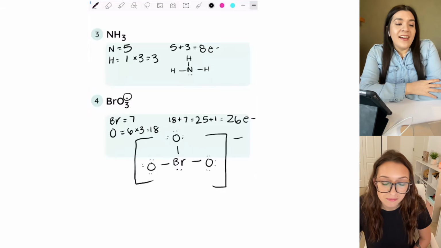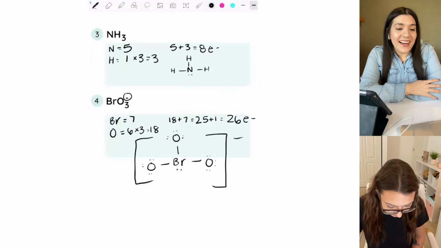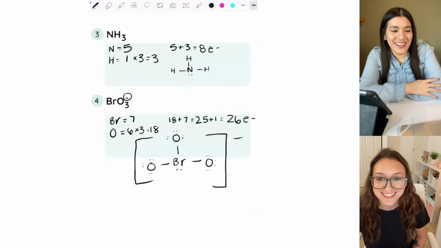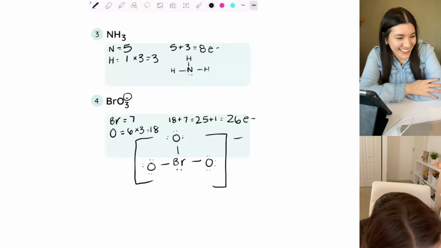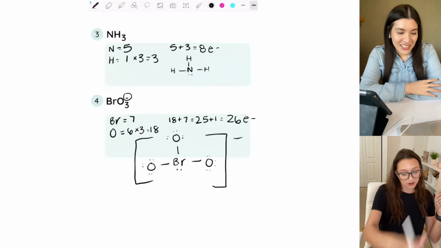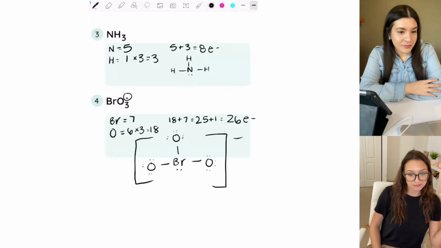Cool. Now, this is still applying what I just taught. Melissa, you immediately looked down like, no. Why? Because I saw the charge, that should have been my indicator, hey, I need to check on the bromine.